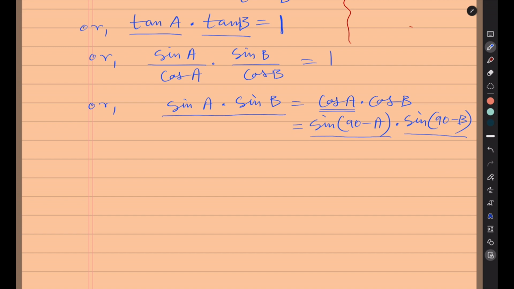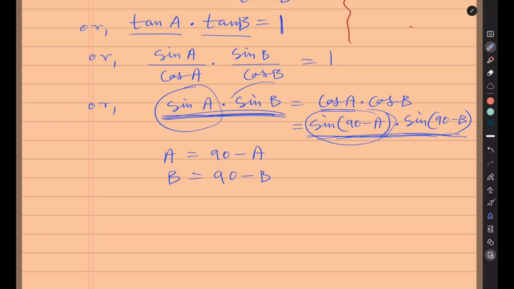Yeah, we can say just by comparing it with each other, we can say that angle A is equal to 90 minus A and angle B is also equal to 90 minus B, isn't it? Because here is sine A, here is something, here is sine B, here is sine B, and they both are equal to each other. Now what you can do, just add it.